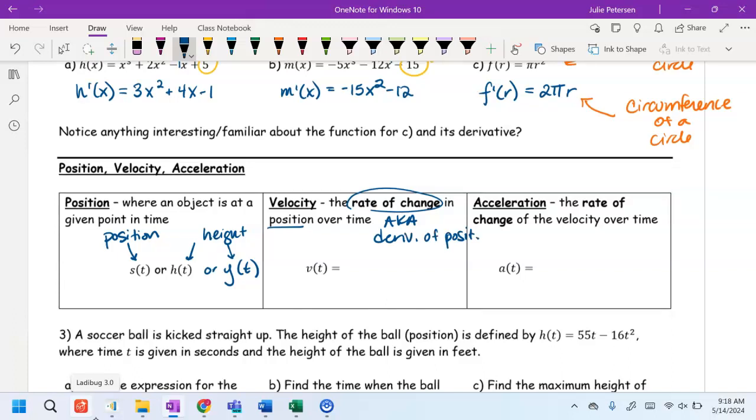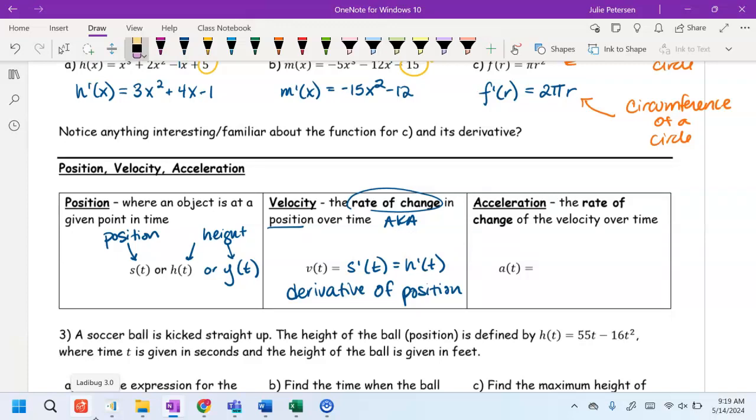So the velocity is going to equal the derivative of whatever our position function was. So s of t or h of t, that'd be h prime, s prime. But the main point is it's the derivative of position. So let's write that here. Derivative of position.